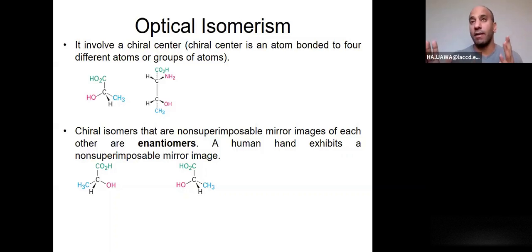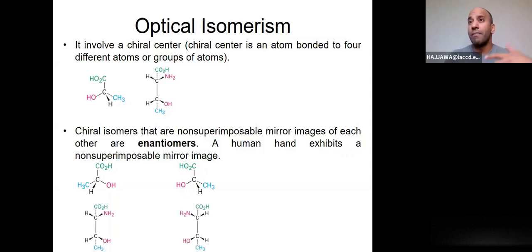And not just that, they are mirror images of each other, non-superimposable. So once again, enantiomers are optical isomers. And these optical isomers don't just differ in rotating the plane polarized light opposite to each other, but they also are mirror images of each other, non-superimposable, just like your two hands. Just keep that in mind.